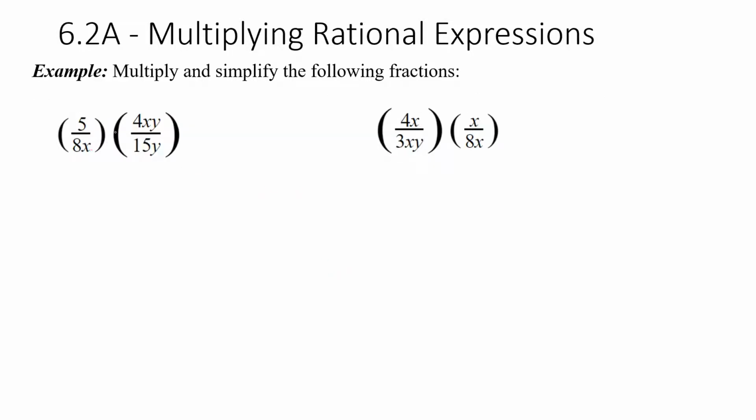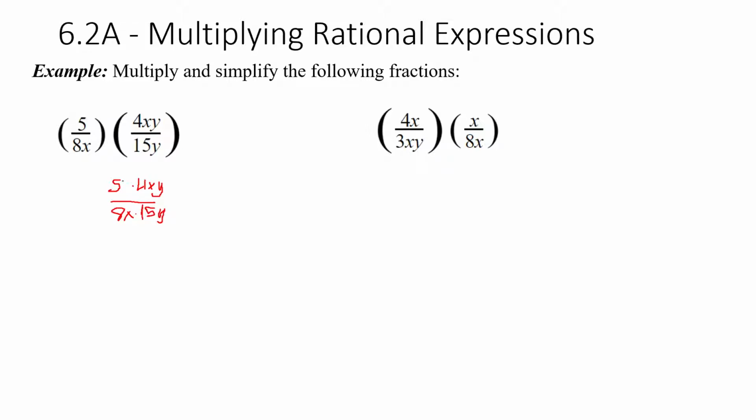So starting more simply here, before we get into the polynomials, we'll just work with some monomials. When you're multiplying two fractions, again in the form a over b times c over d, you just multiply straight across. So this would become 5 times 4xy over 8x times 15y.